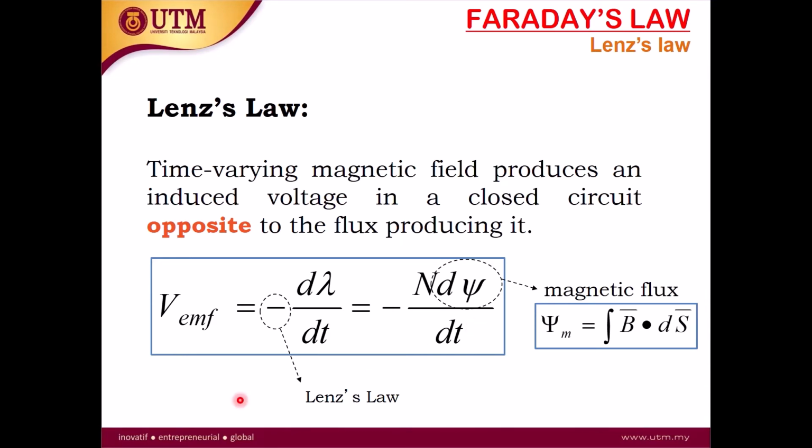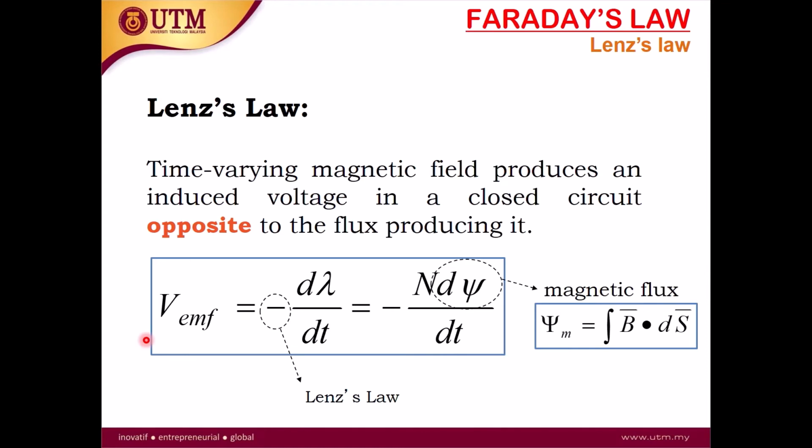If you look at these expressions, you can see that the VEMF produced in the secondary circuit is always negative to the linkage flux. That means the VEMF produced will always oppose the flux producing it.